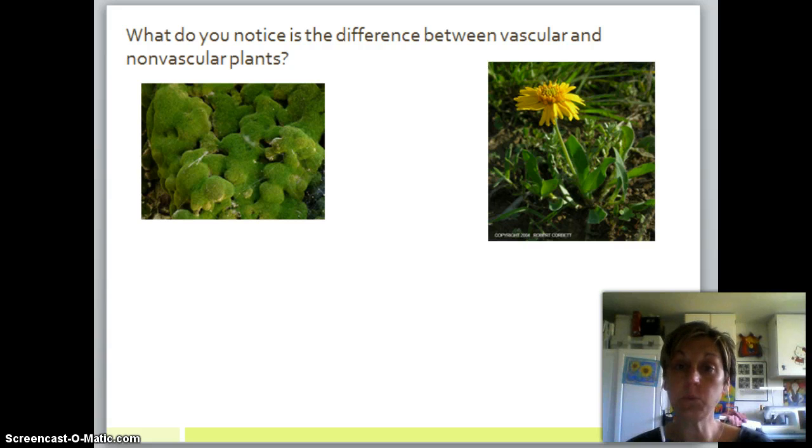And you may not have a really good answer for that right now because we haven't talked that much about it. But as we continue to go through this unit, that's the question that I want you to be able to answer: what's the difference between a vascular and a non-vascular plant, okay? So I want you to kind of keep that in mind as we continue to move through this unit, okay?